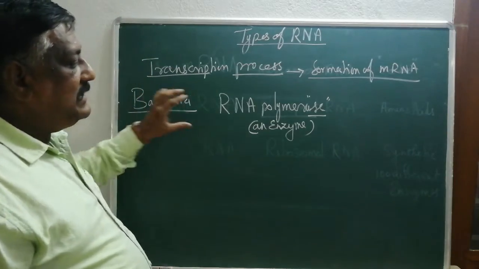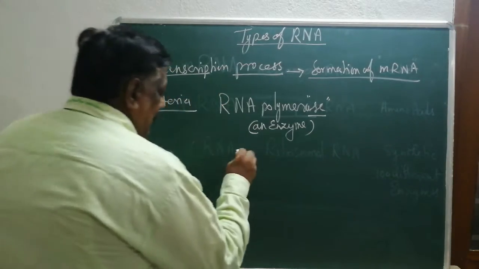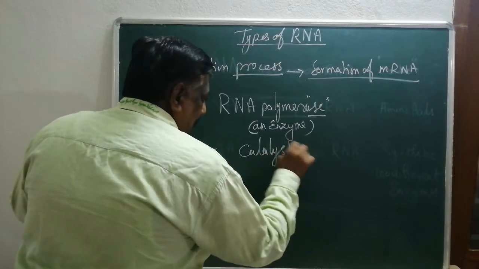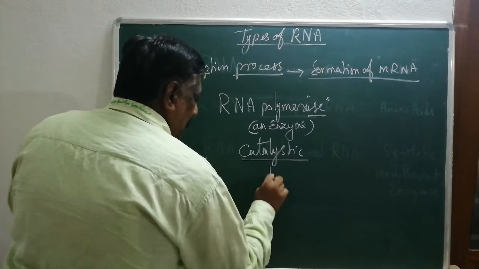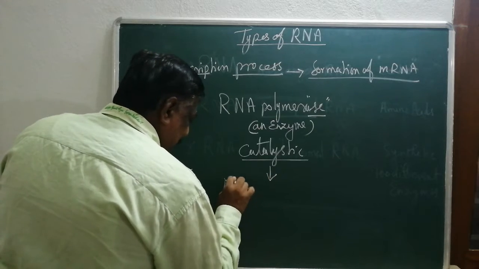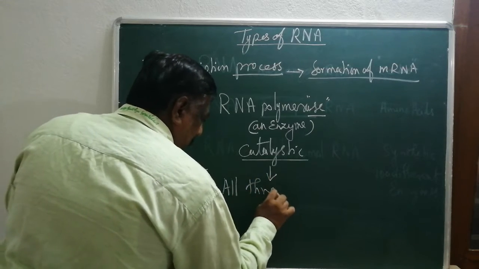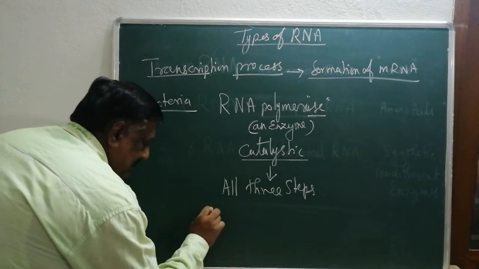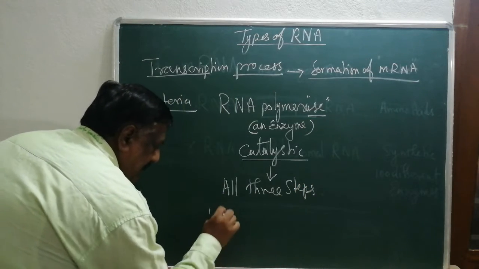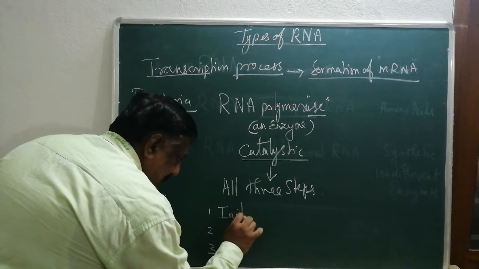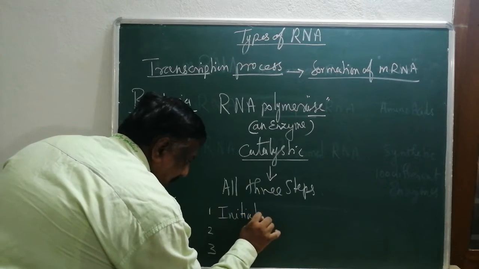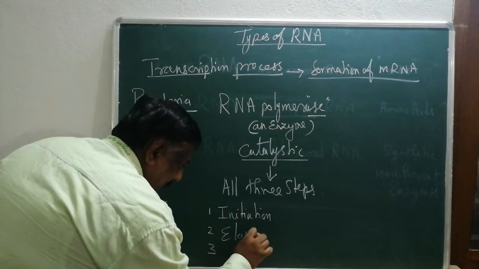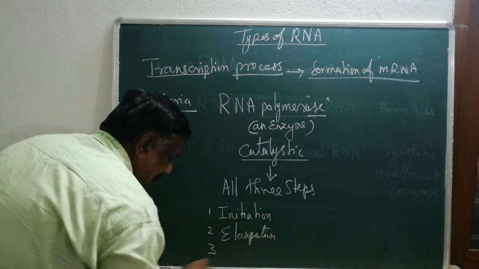In bacteria, this RNA polymerase does the catalytic work, and it does all three steps. What are the three steps? 1, 2 and 3: initiation, elongation, termination.